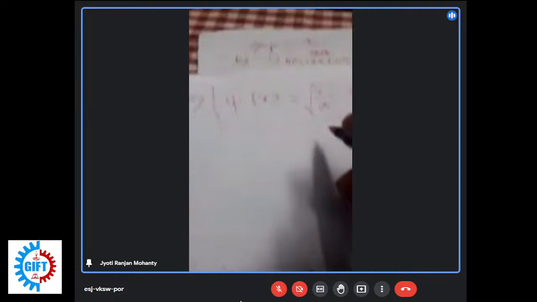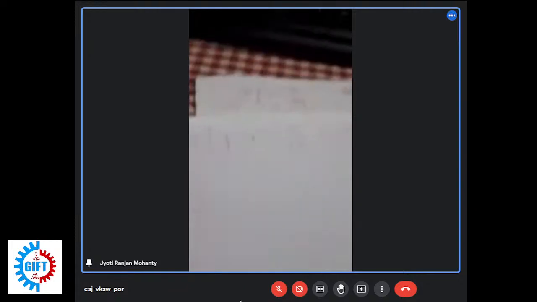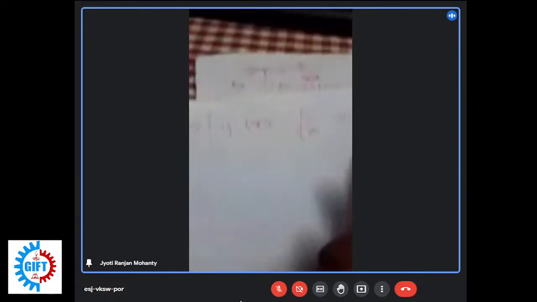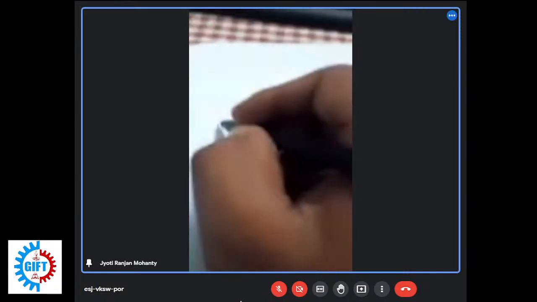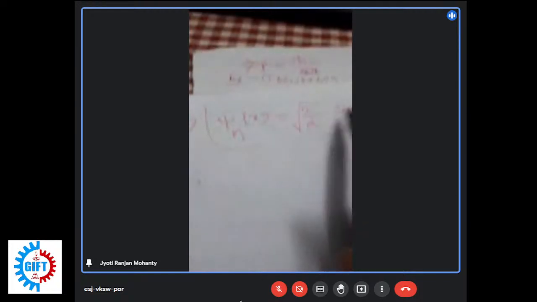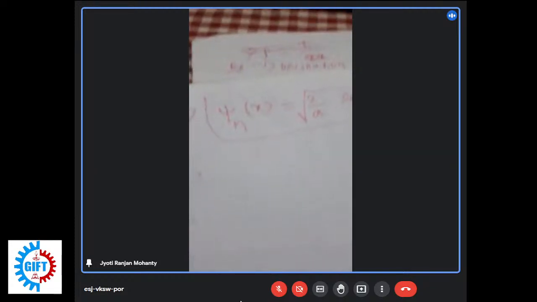So this equation 8 is known as the Eigen function of the particle. Since k is equal to n pi by a, and since the Eigen function depends upon n, we can put n. Psi n x is equal to 2 by a under root sin n pi by a into x. Okay, understood?